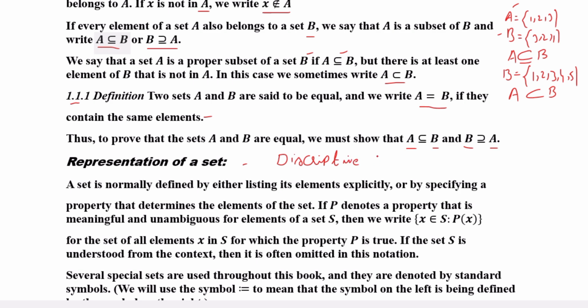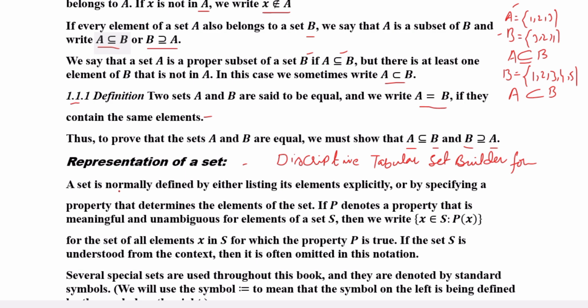Second one is the tabular form to represent a set, and the third and last one is the set builder notation or set builder form. So these are the three methods commonly used to describe a set. But in this book we will discuss only the last two ways, that is the tabular and the set builder form.